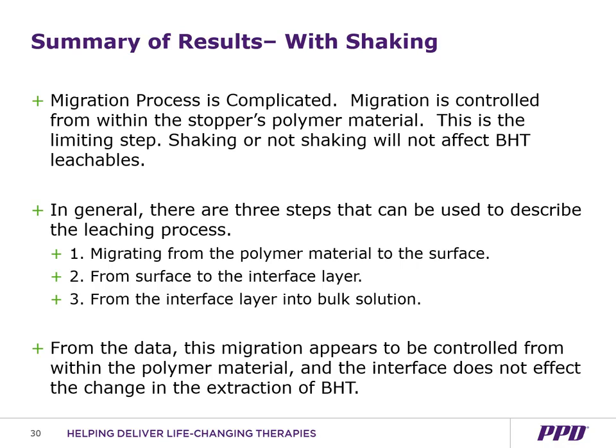Therefore, it may affect the leaching speed of leachables. But the data shows that shaking did not affect the leachable speed. So this allows us to conclude that step 1 is the limiting factor for the speed of leachable migration. This explains why we are getting the same values with and without shaking.